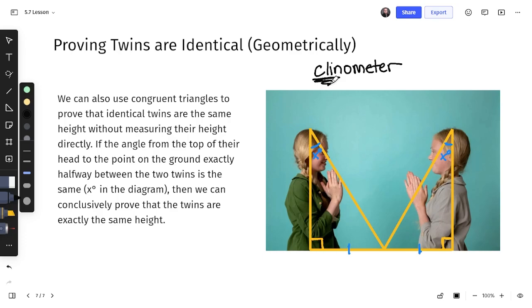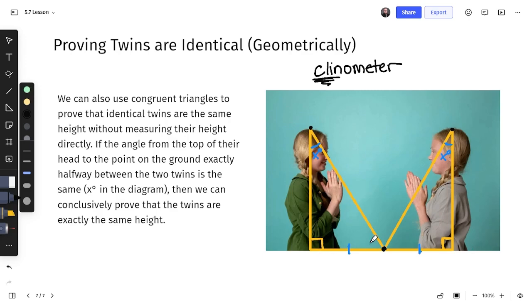A clinometer measures angles. If you used a clinometer to measure the angle from the tops of the heads of these identical twins to a point exactly halfway between them, right here, and that angle turned out to be the same, then we could prove that those two identical twins are the same height without ever actually measuring their height directly.